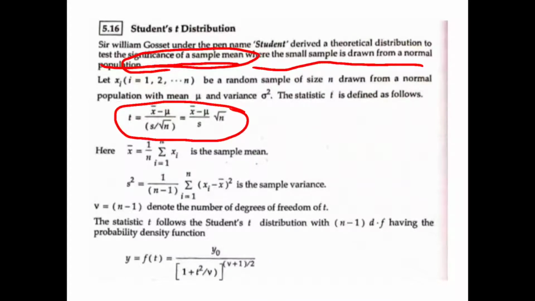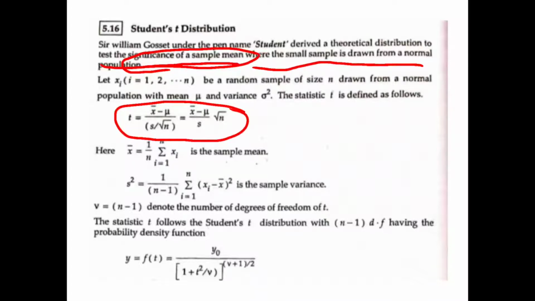The formula for t is more or less like our z formula: t is equal to x bar minus mu divided by s by root n.